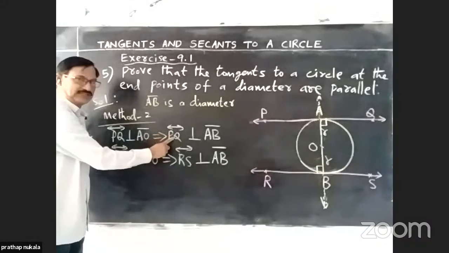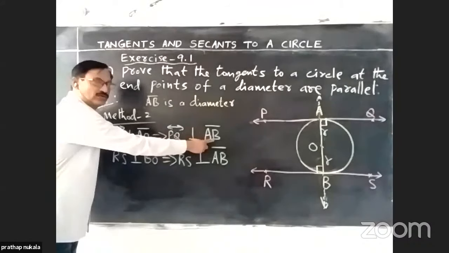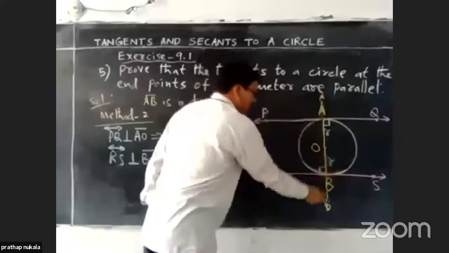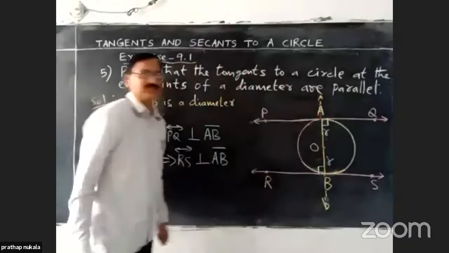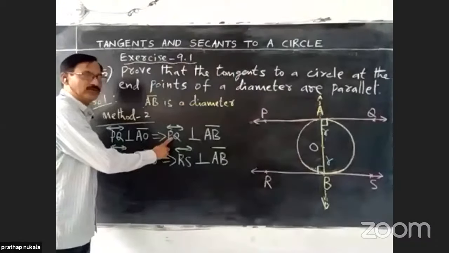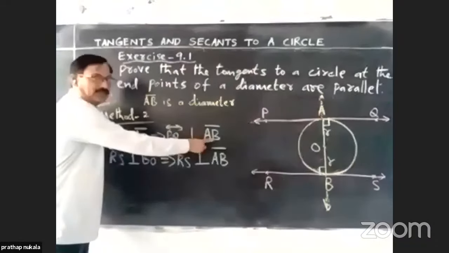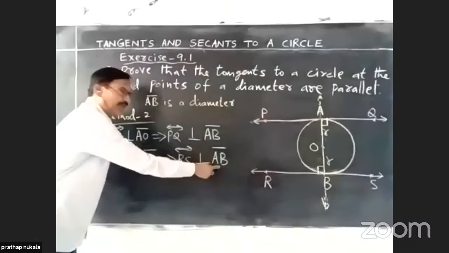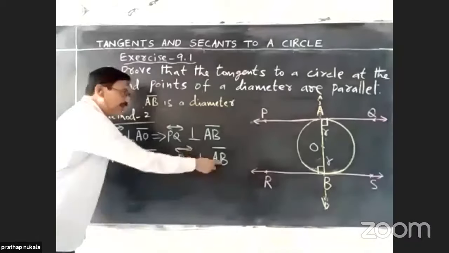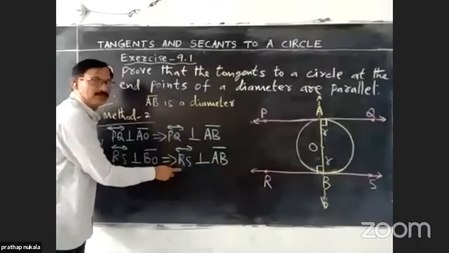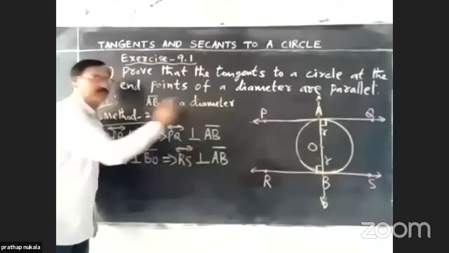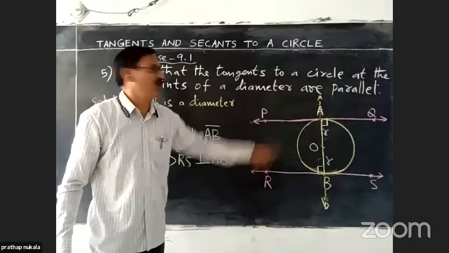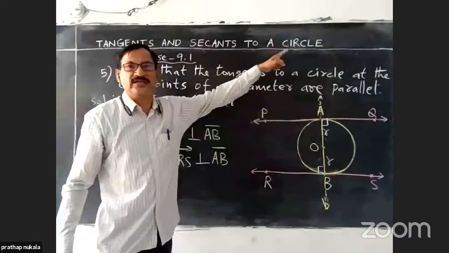PQ is perpendicular to the line AB, and RS is also perpendicular to the same line AB. Just observe, the same line AB. These two tangents are perpendicular to the same line through A and B.